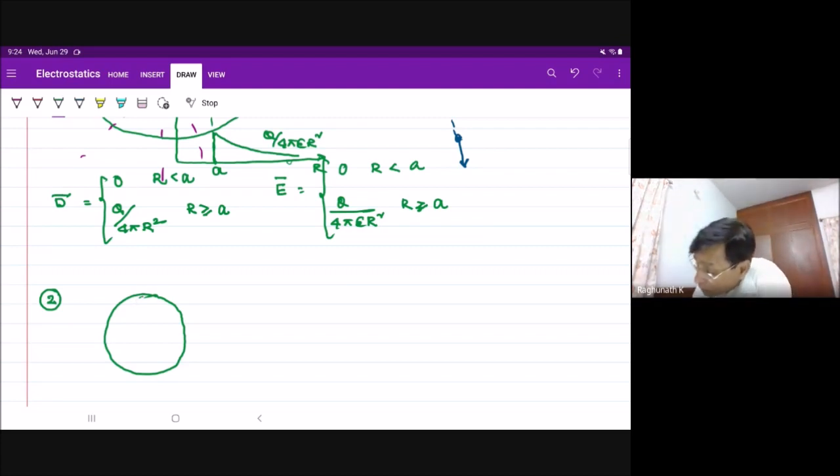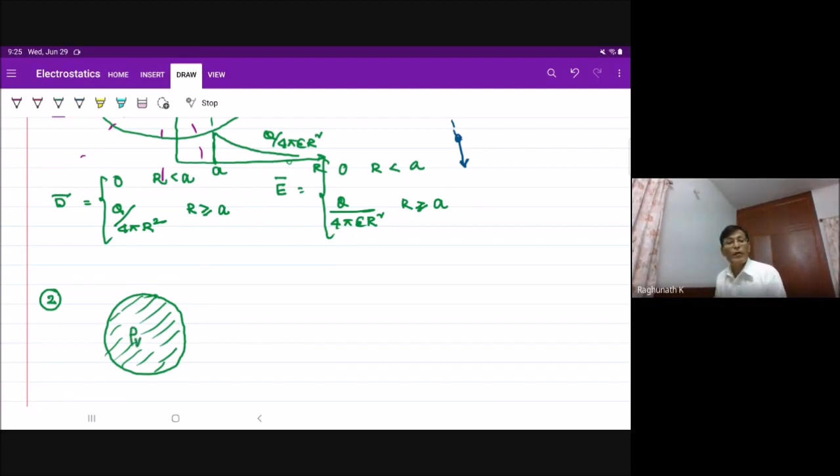If there is a volume charge in the form of a sphere, everywhere charge is there, and I say that the charge density is rho v. If the volume charge density of the charge inside this spherical volume of radius a is constant and is equal to rho v, one case.